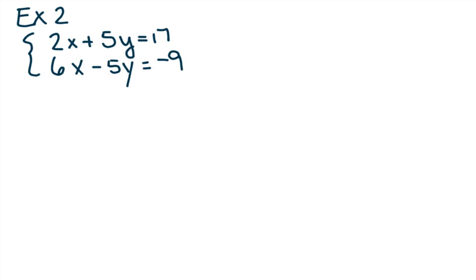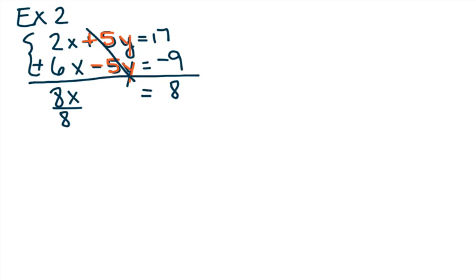Now I can use the elimination method by adding, because I have a positive 5y here and I have a negative 5y here. So when I add those, I get 0. So I'm going to add the two equations. When I add 2x and 6x, I get 8x. The positive 5y and negative 5y equals 0, so those cancel. And then 17 minus 9 is 8.